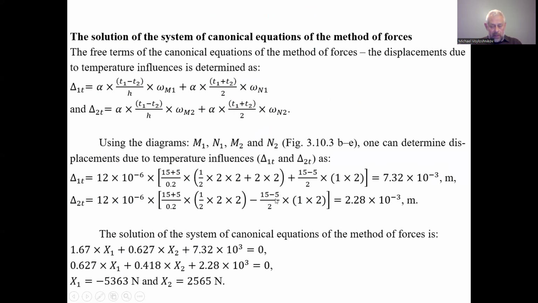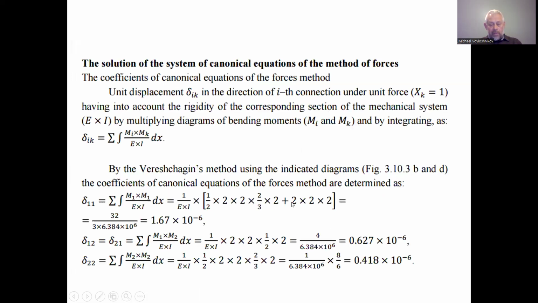But as the second one is negative, we have the temperature on the one side minus 15 degrees Celsius, plus minus 5 degrees Celsius, divided by 2, and the product by the area of the diagram of the longitudinal force.